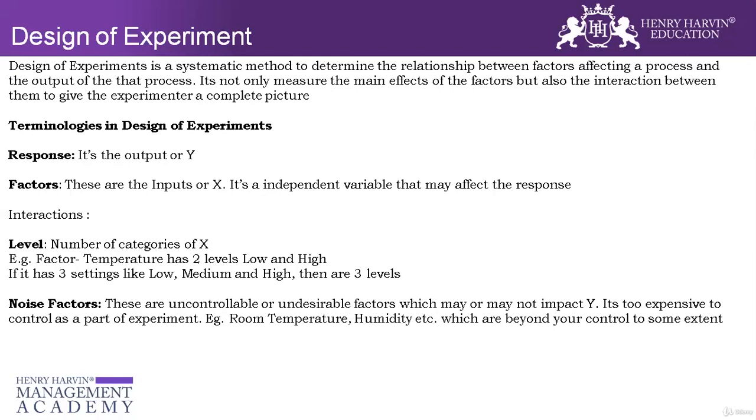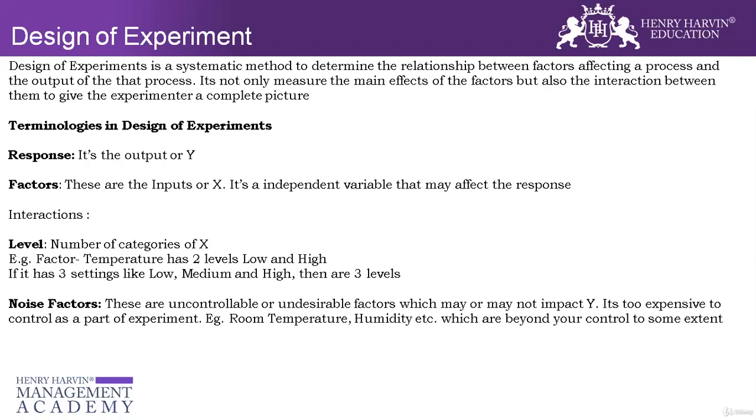So levels are basically the subgroups of the factors. Another thing we need to know is noise factors. Noise factors are uncontrollable reasons that might impact my design and won't let my design be completed, which is sometimes beyond my control. That is called the noise factor, as the name suggests.